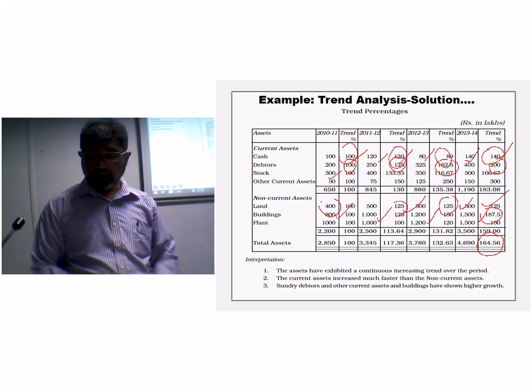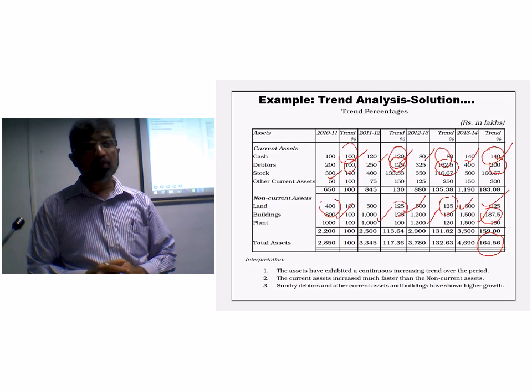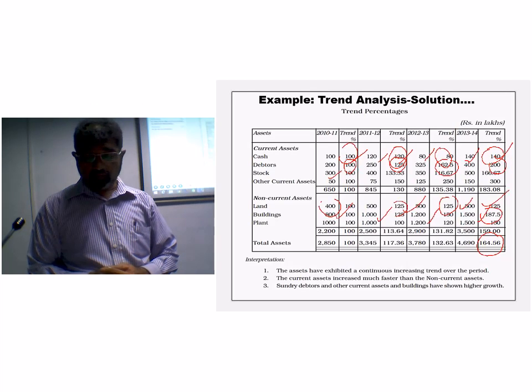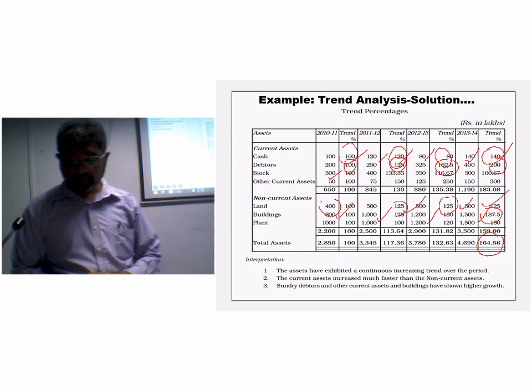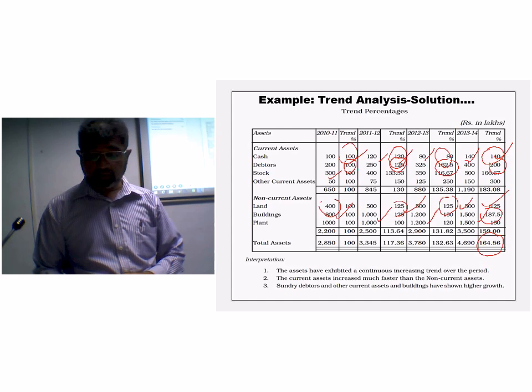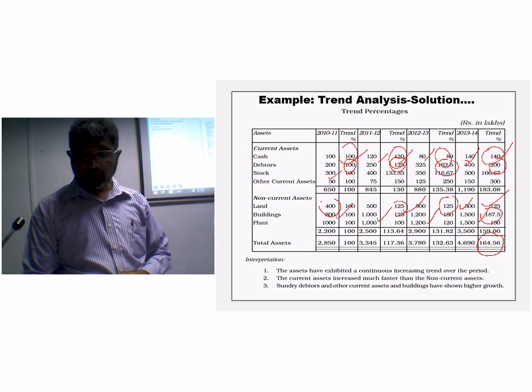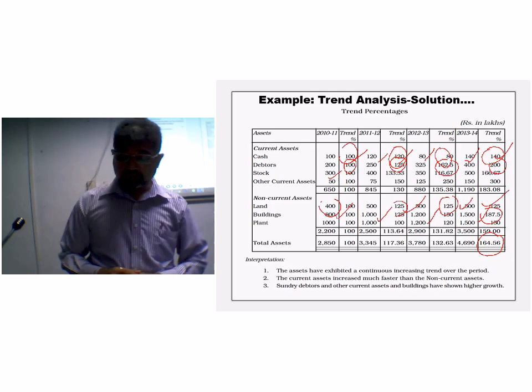The assets have exhibited a continuous increase in trend over the period of 3 years. Then the current assets increase much faster than non-current assets. Then you can compare this trend value with the non-current assets.